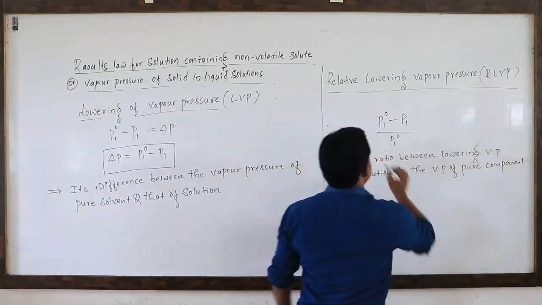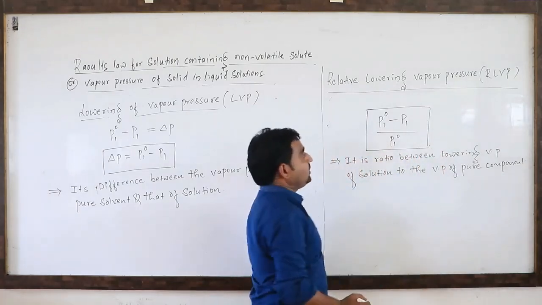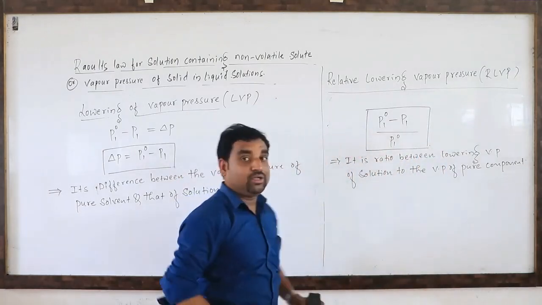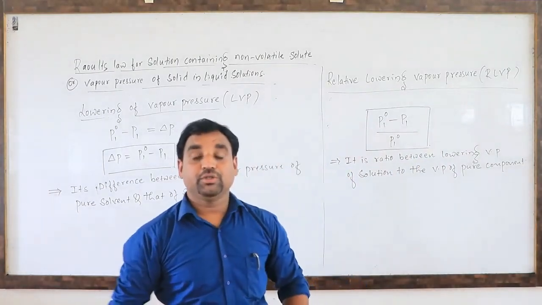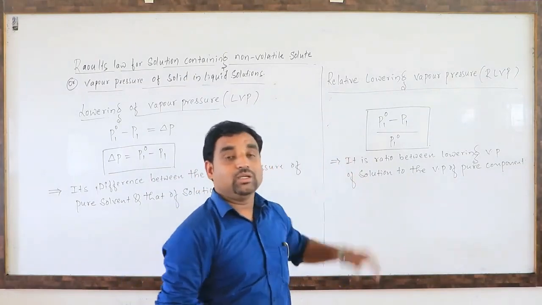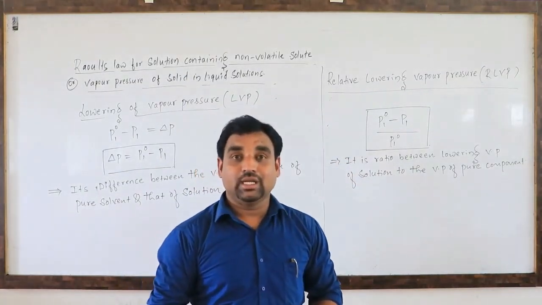That is called the relative lowering of vapor pressure. These formulas will help you calculate the relative lowering of vapor pressure or the vapor pressure of the solution in numericals. Remember that. We will discuss the remaining part of the solution in the next class. Thank you.